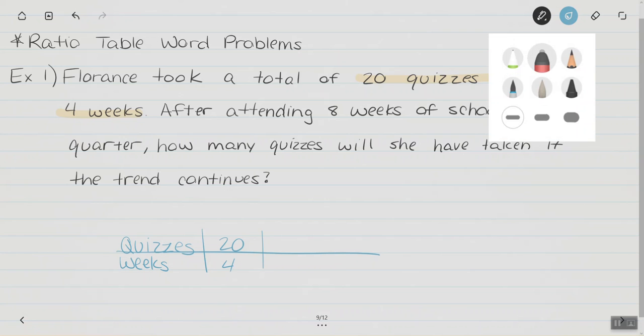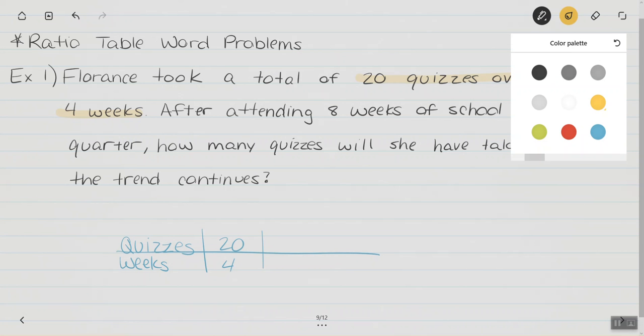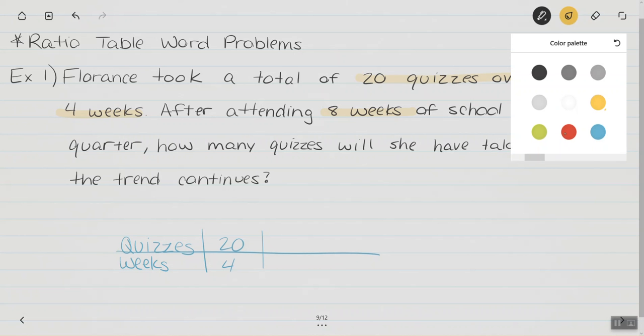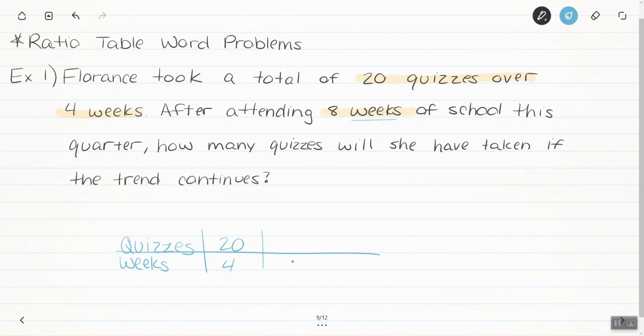So the next piece of information they're giving us, it says, after attending 8 weeks of school. So I need to plug that 8 into the table. So because it's 8 weeks, I'm going to put it down at the bottom in weeks. And I'm missing this number because it's asking how many quizzes.